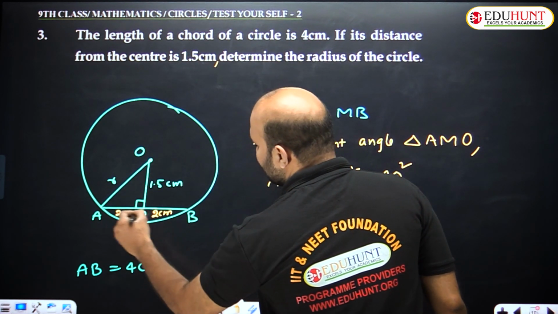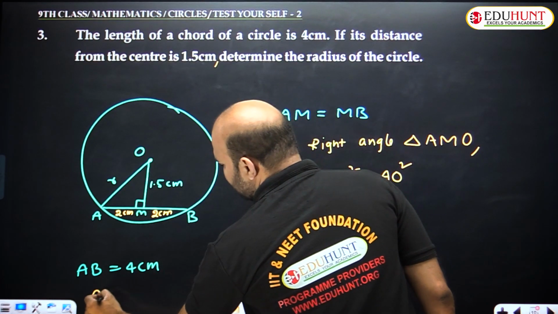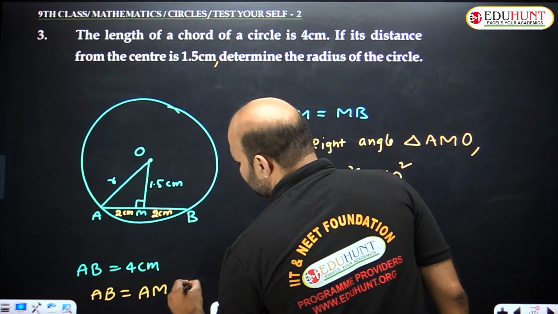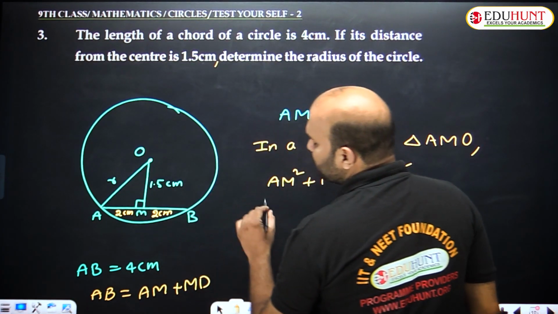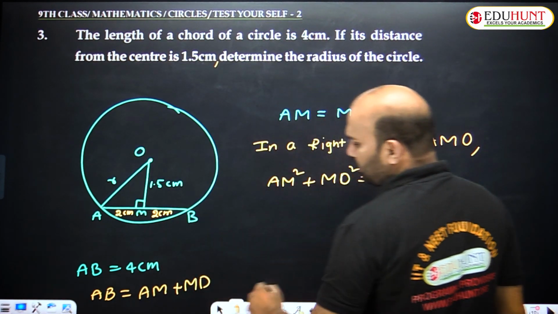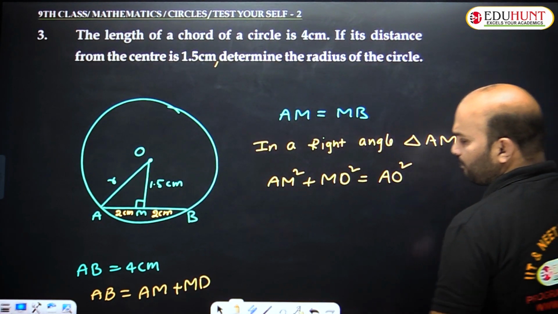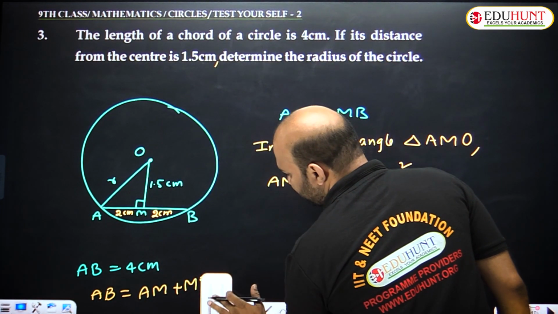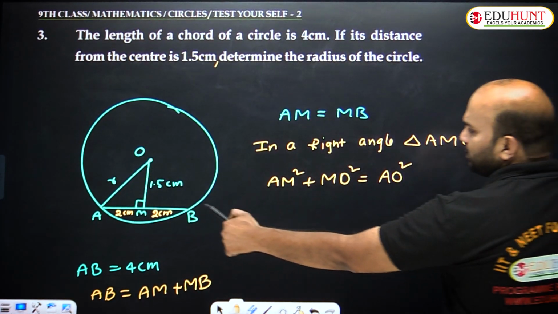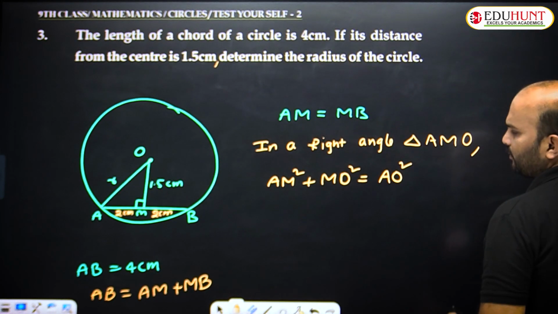Bisect means AM equals MB. Here AB can be written as AM plus MB, because the perpendicular from the center to the chord bisects the chord.